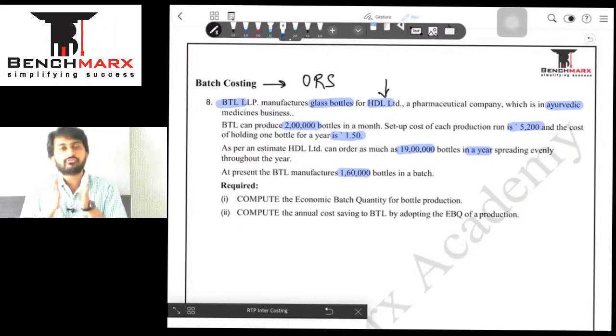The cost of CA and CI will be the least at ORS. Like the way my TCA plus TCI is the least at EOQ, my TCA plus TCI is the least at ORS, which means if the company is manufacturing at one time a quantity different from the ORS, it is going to incur a little more cost. Exactly the same as the extra cost of non-EOQ.